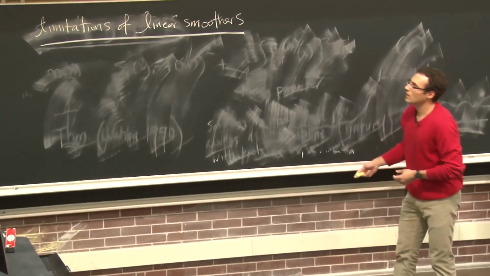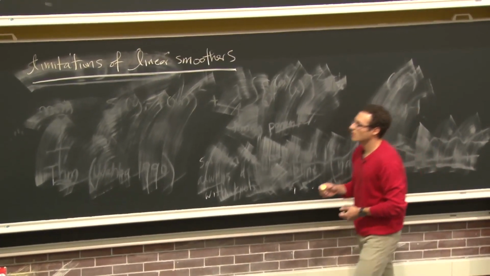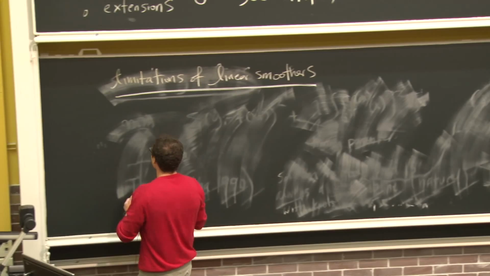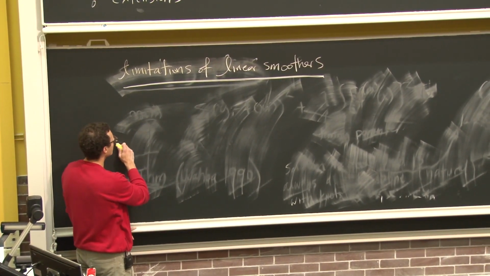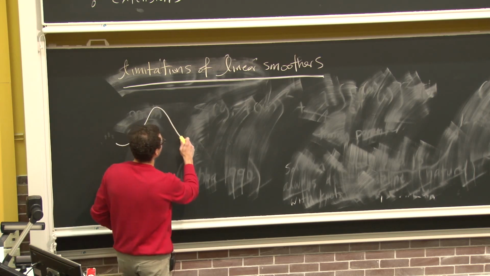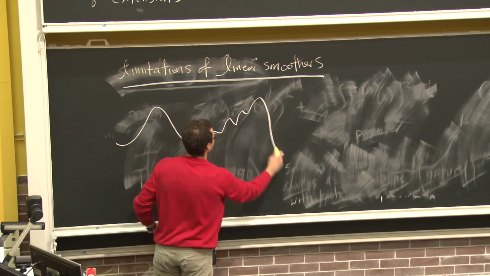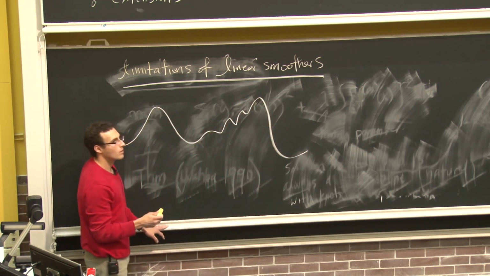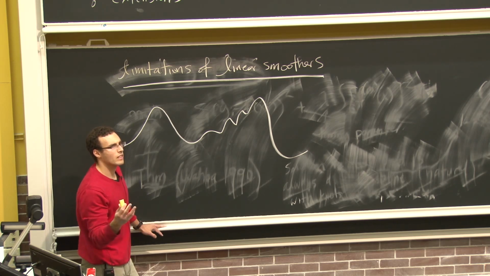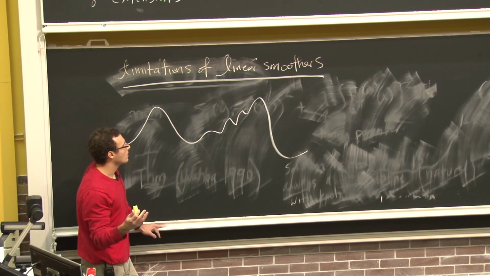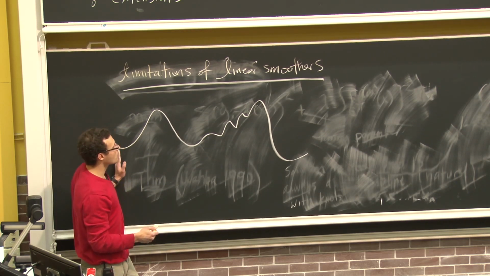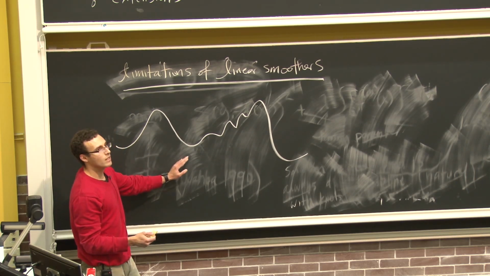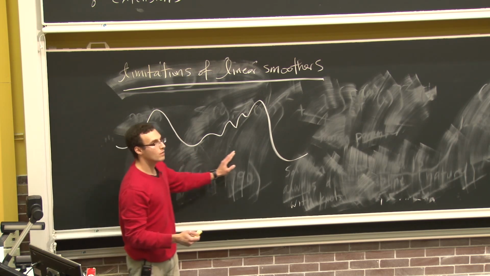The practical one is quite easy to explain. Suppose that I gave you data around a regression function that looked like this. I'm trying to estimate some function, maybe the mean level of a stock over some period of time, and the function is smooth at some parts of its domain, but then it abruptly becomes non-smooth.